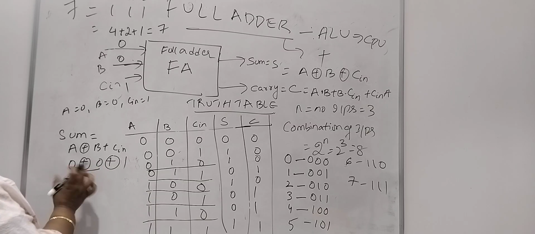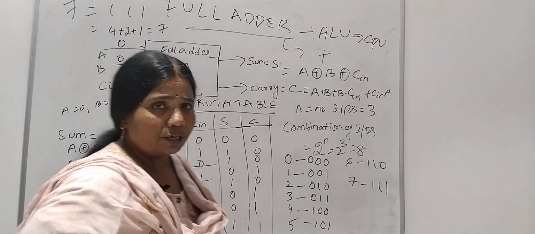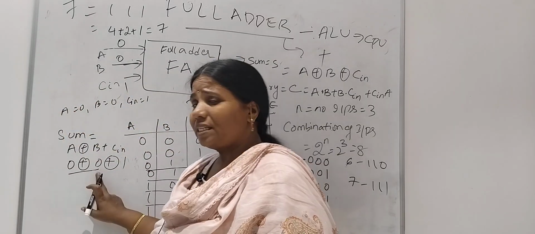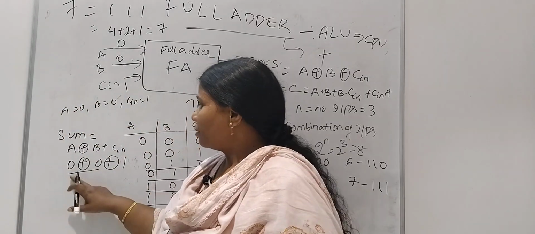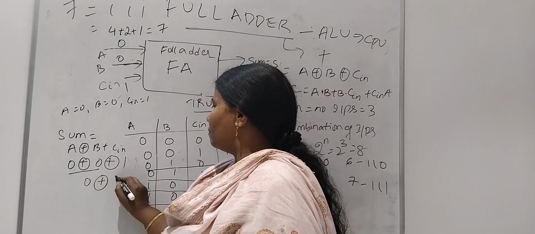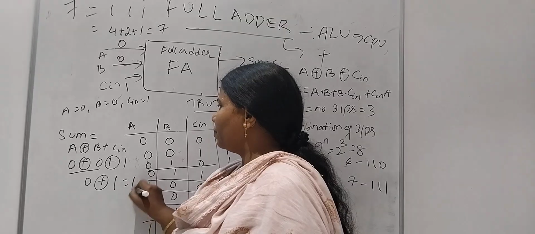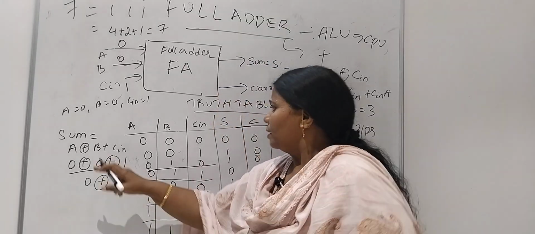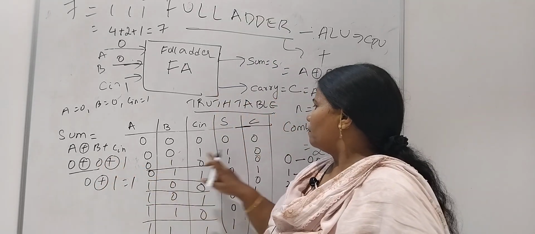First take these 2 inputs. XOR operation means what you are going to do? 0 XORed with 0 means what are you going to get? We are going to get the same inputs, means output 0. So here 1. Different inputs means the output you are going to get is 1. So the sum you got for 0 0 1 is 1.